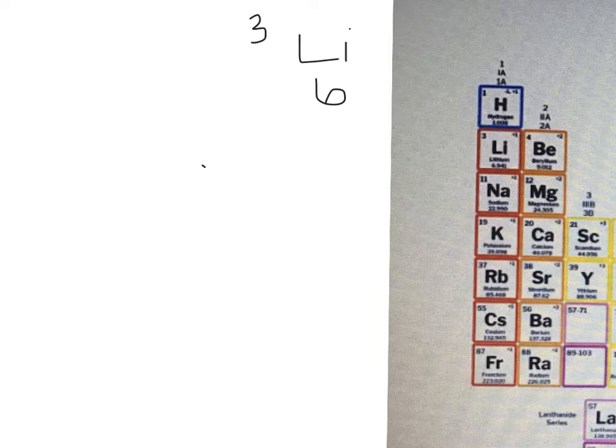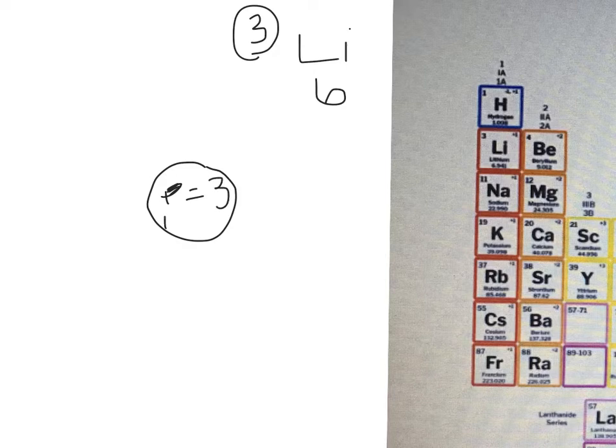Okay, so we're going to draw the nucleus first. And inside the nucleus you have the protons, which in this case the proton number is 3. And the neutron number is going to be the atomic mass minus the atomic number. So 6 minus 3 is 3.